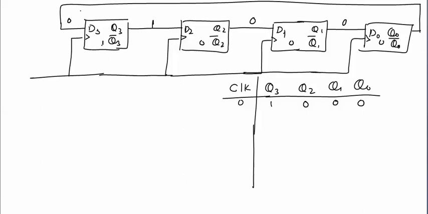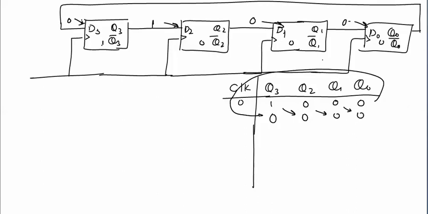So inputs should be arranged prior to applying the clock pulse. Now, when the first clock pulse is applied, this 1 will be stored in this flip-flop, this 0 will be stored in this flip-flop, this 0 will be stored in this flip-flop, and this 0 will be stored in this flip-flop. Means this 0 bit will come here and all the bits will be shifted.